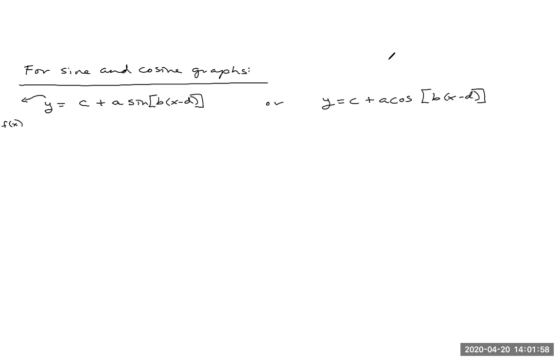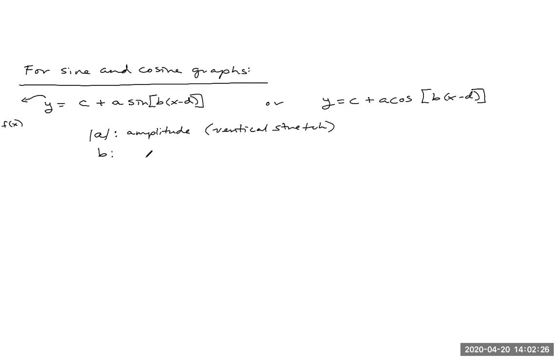Essentially, we are going to need to figure out what these shifts mean. So a, when you take its absolute value, is what's called the amplitude of your graph. And that's going to be your vertical stretch for the graph.